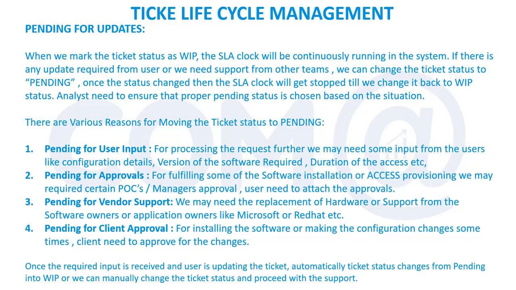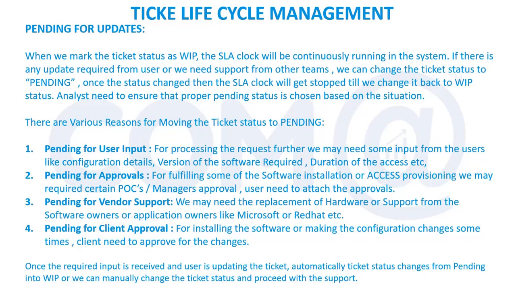So what we will do is, we'll keep the ticket in pending. Alternatively, we'll create a ticket with the vendor, calling the vendor and informing them that the spare parts are required, so please provide an immediate replacement. Or they will ask for a site visit, and they'll come to the site, bring the spare parts and replace the problematic hardware in the printer.